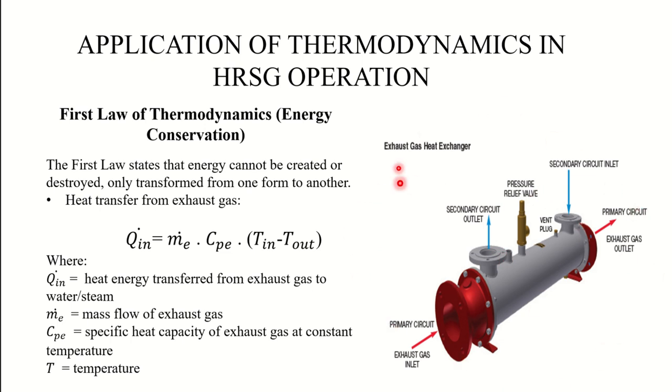This diagram shows an exhaust gas heat exchanger. We have the exhaust gas inlet, the primary circuit, the secondary circuit outlet, the pressure relief valve, the secondary circuit inlet, the primary circuit, and the exhaust gas outlet.